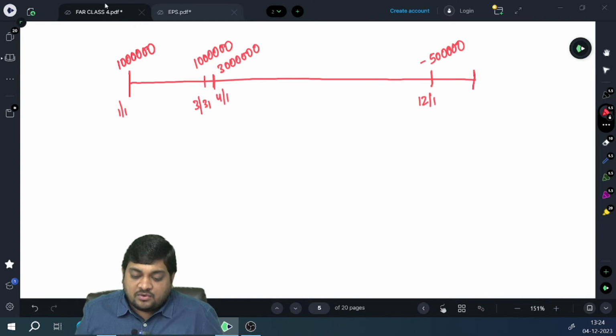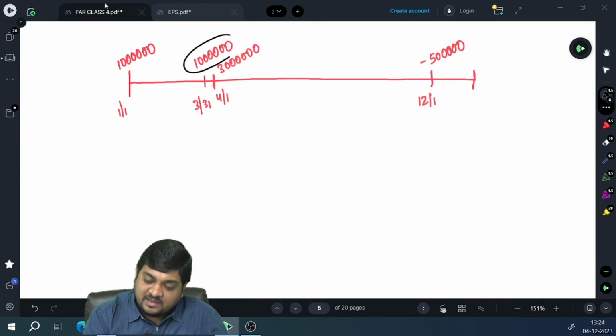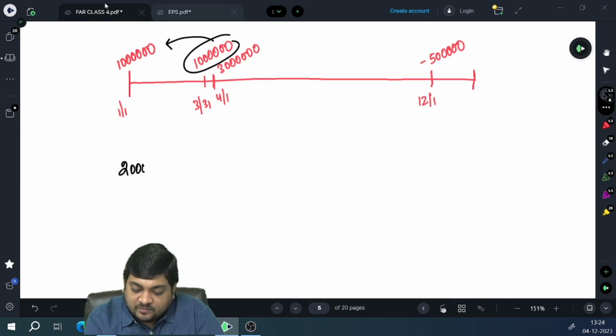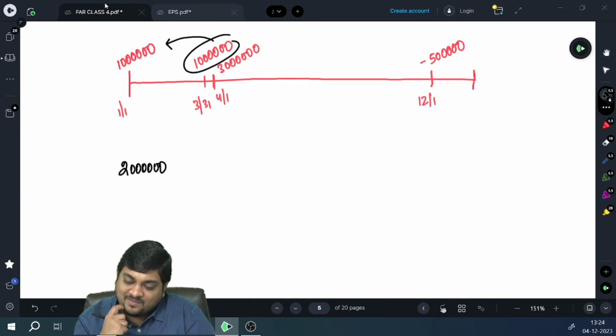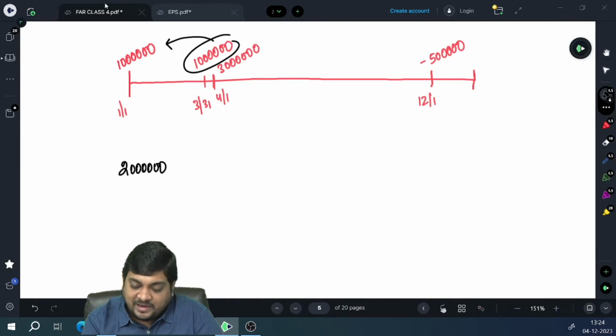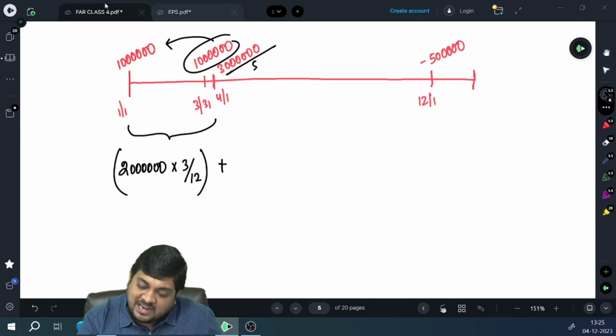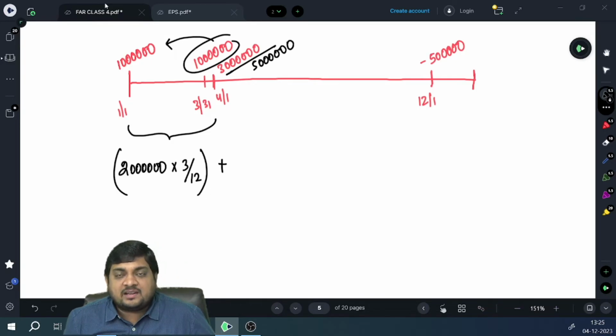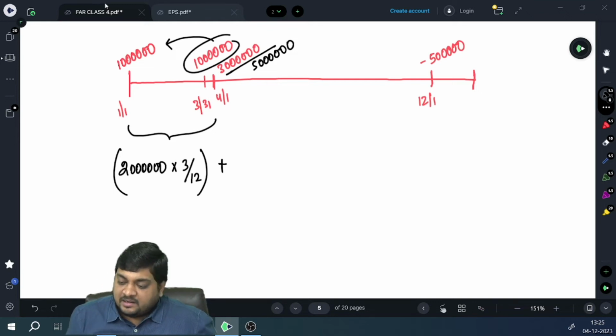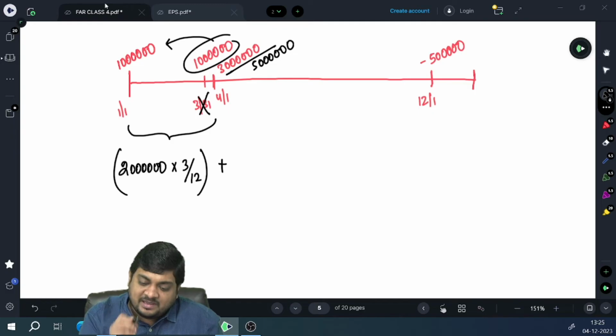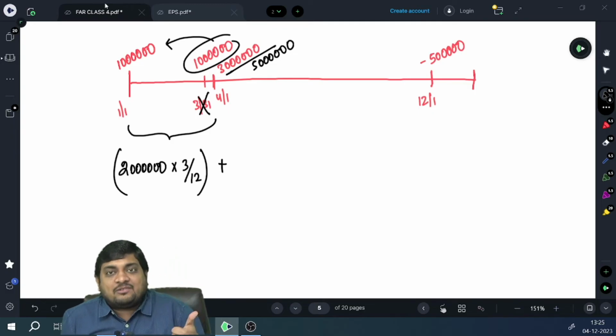Now first of all, this will be considered right from the beginning. So 20 lakh is outstanding for 3 months, plus on this date the total number of shares has become 50 lakh. This stock dividend will be considered right from the beginning. This date is not relevant, it will be considered from the beginning.